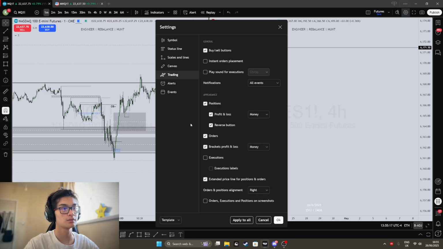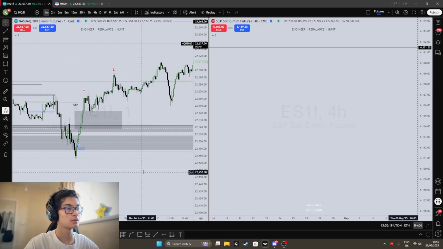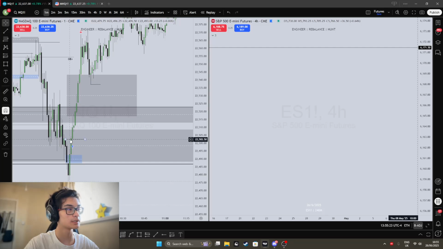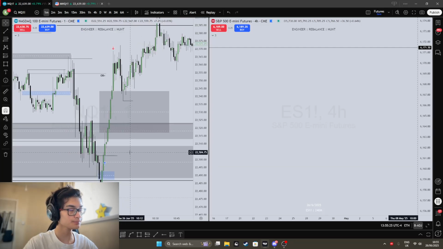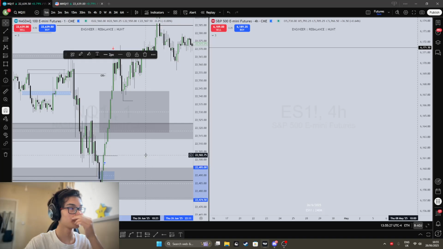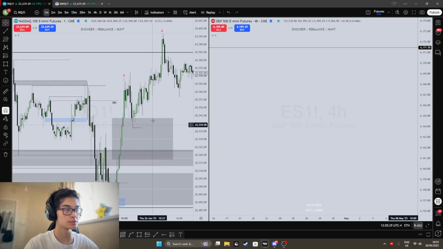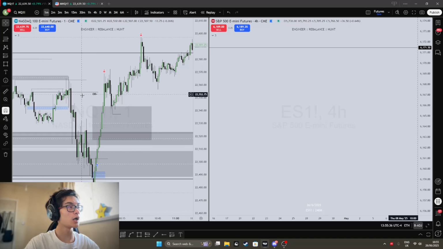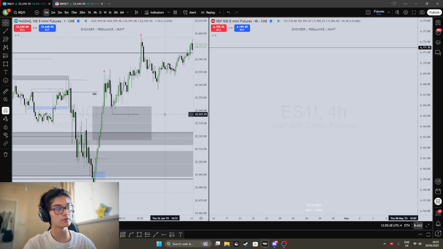Where is it? There it is. So here's the buy. As soon as that candle closed, I bought. And yeah, this is paper because it was a forward test, but nevertheless, it was a really good trade. I was looking for another entry.